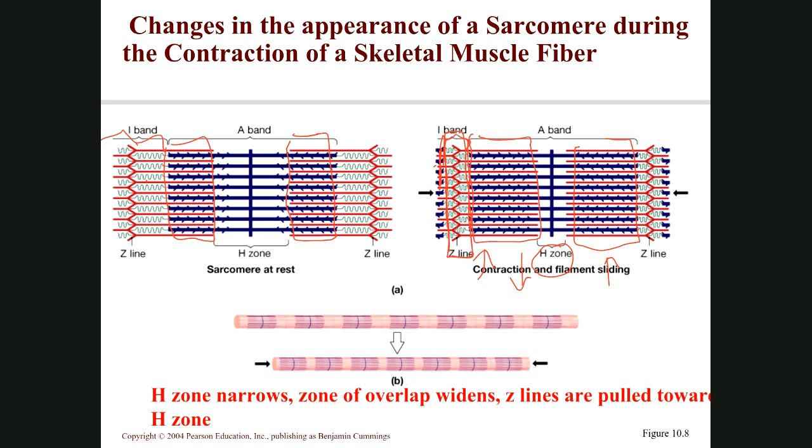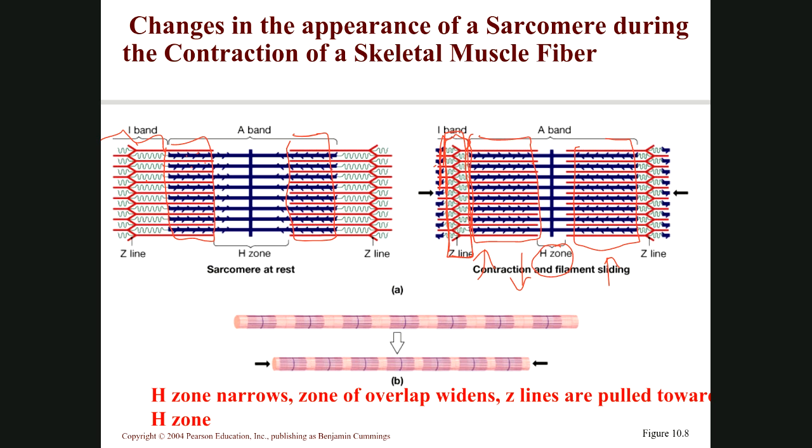What is happening during contraction is that these thick filaments, and you can see that the thick filaments have these little heads going around, are going to grab hold of the thin filaments and begin to pull the thin filaments towards the middle. And that's what's going to decrease the H zone, because now the zone of overlap increases as the thick filaments pull the thin filaments.